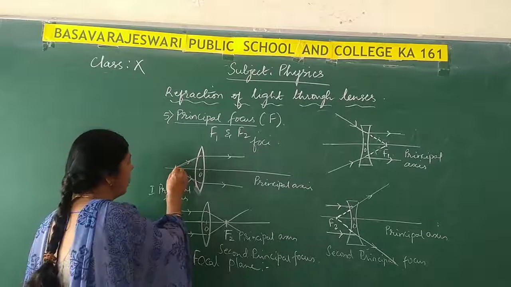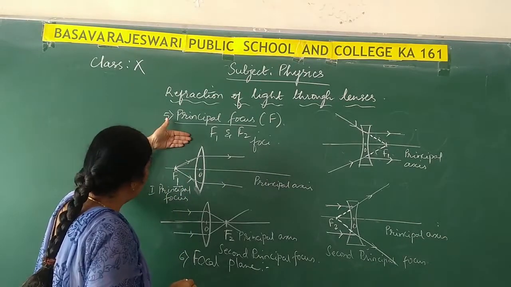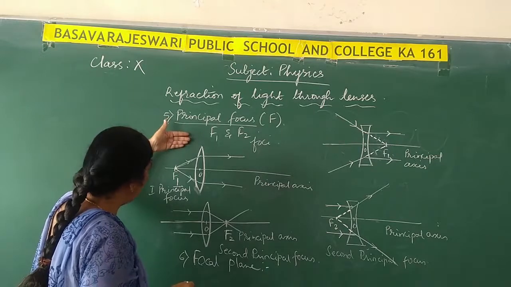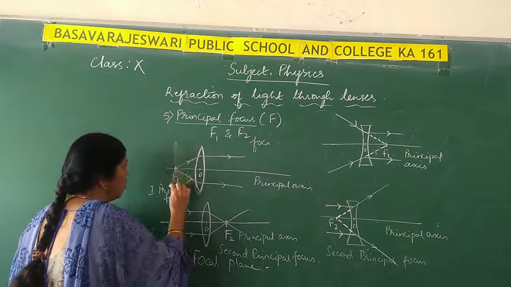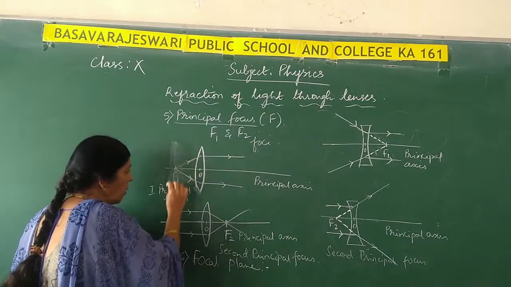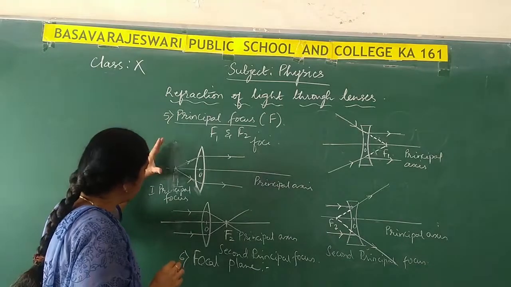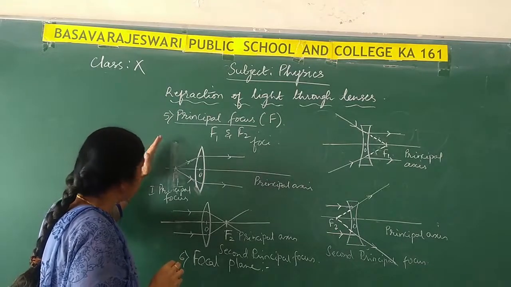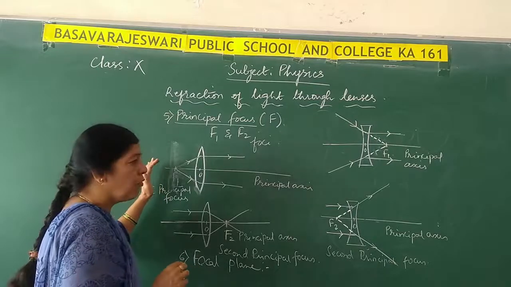This is the principal focus. Now, you can imagine a plane vertical or normal to the principal axis like this. That plane which is normal to the principal axis and passing through the focal point is called the focal plane of the lens.